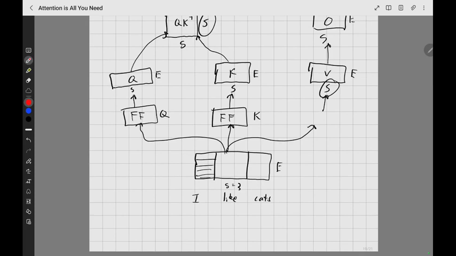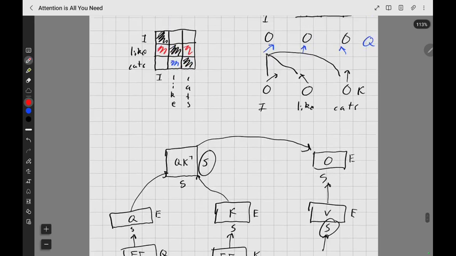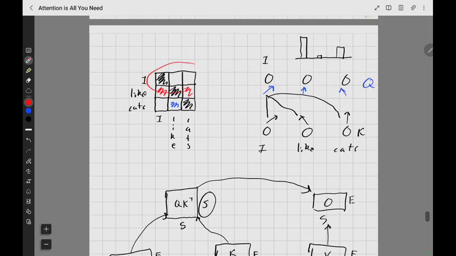So you can reweight the original input according to the distribution that's saying what information I want from each value. This distribution right here, the distribution for I, is saying what information do I want? I want a bunch of information from I and nothing from everything else.